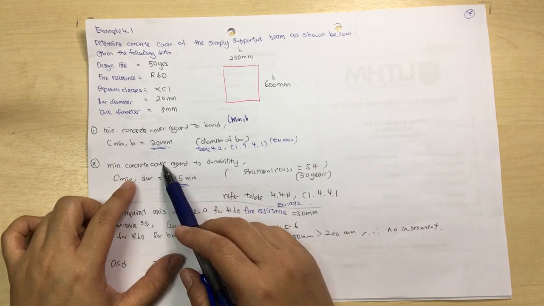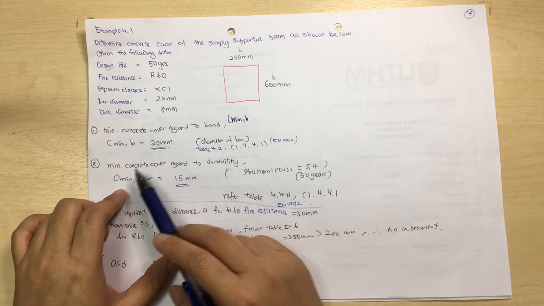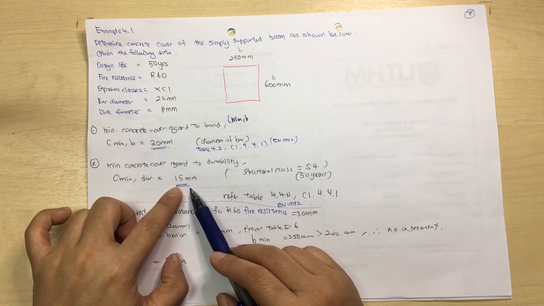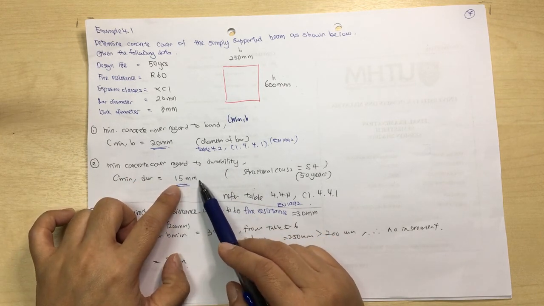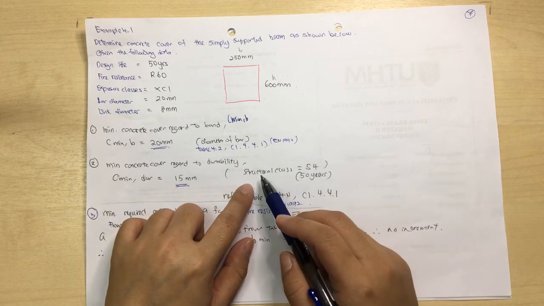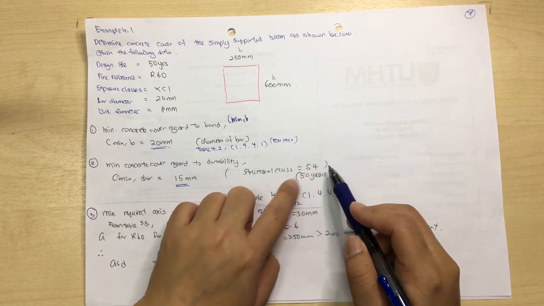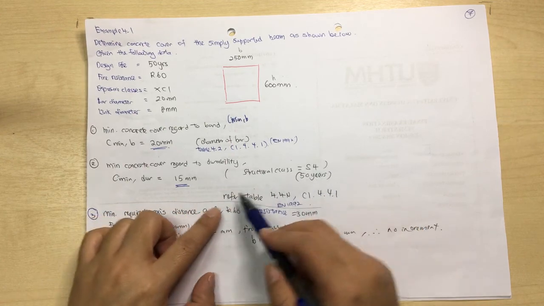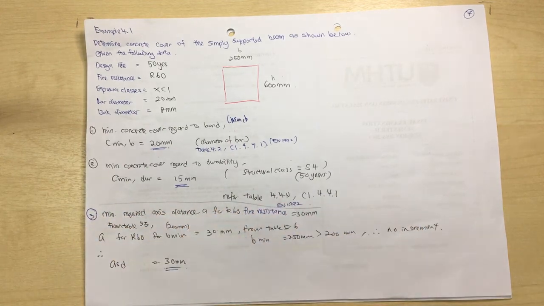Next, the minimum cover with regard to durability. So C min dur is 15 mm. Why? Because it's structural class S4, and for 50 years, refer to table 4.4N. Okay, so 4.4N is here.